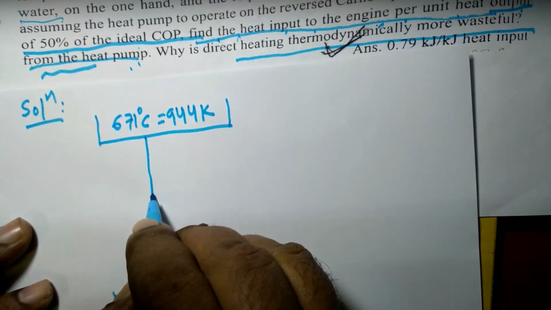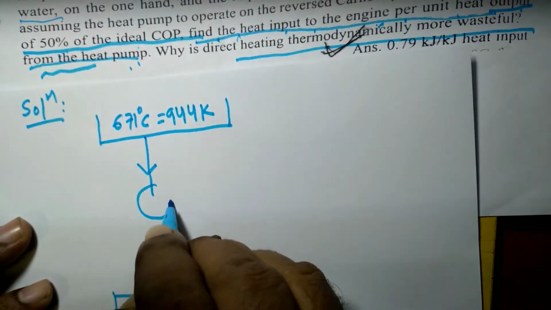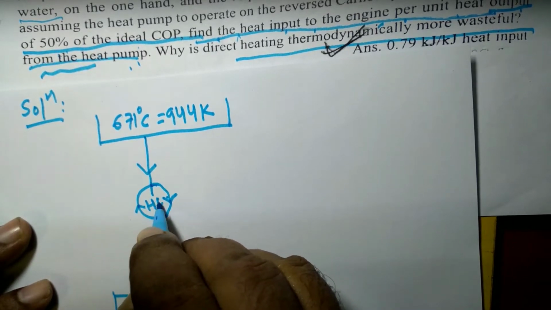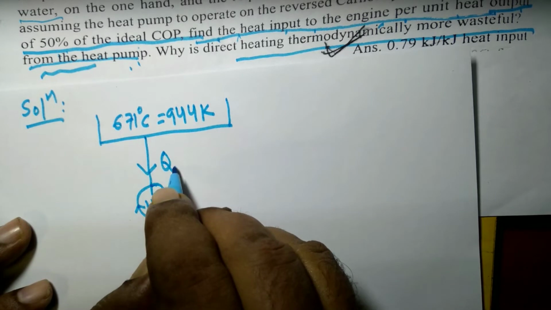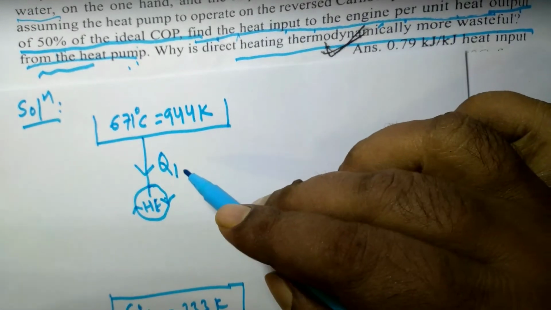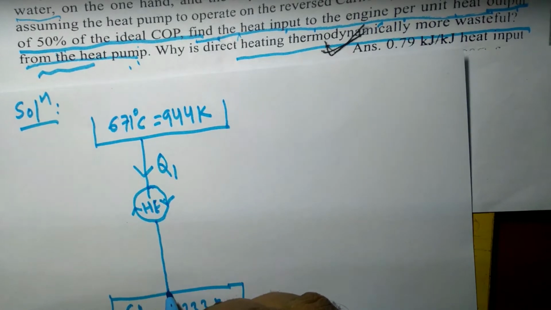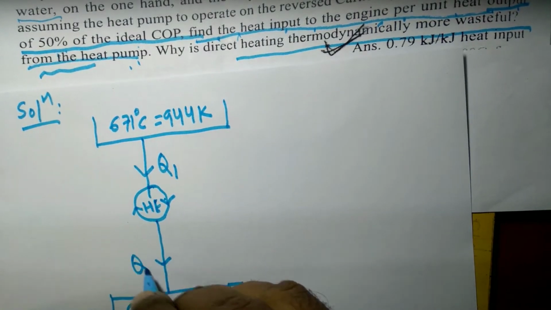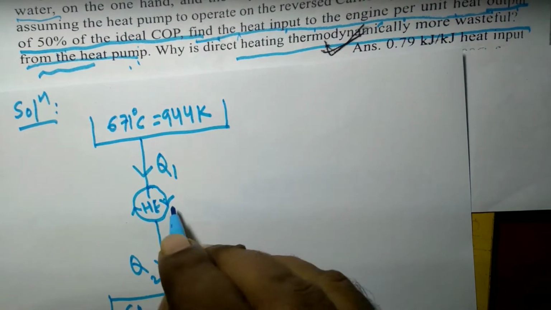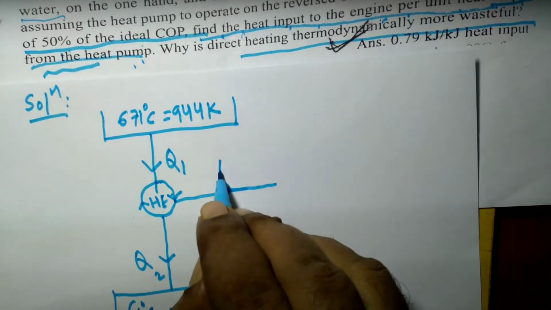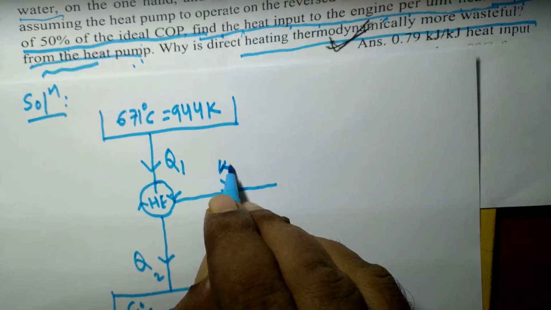And the heat engine, of course a clockwise device, extracts heat Q1 from the high temperature reservoir and rejects, suppose, Q2 to the low temperature reservoir, and produces work, suppose W.